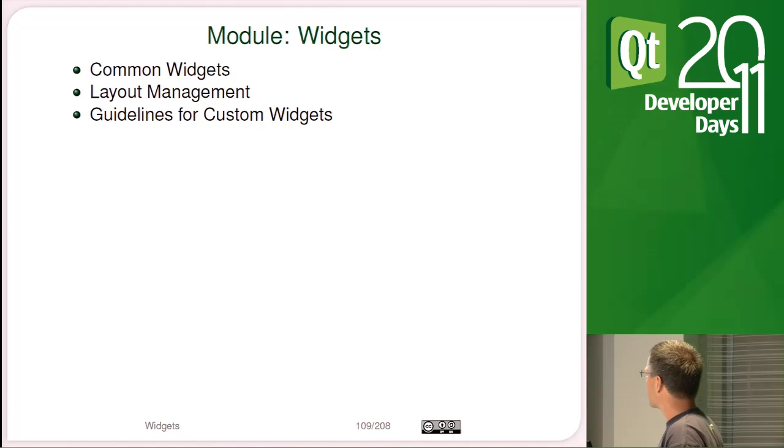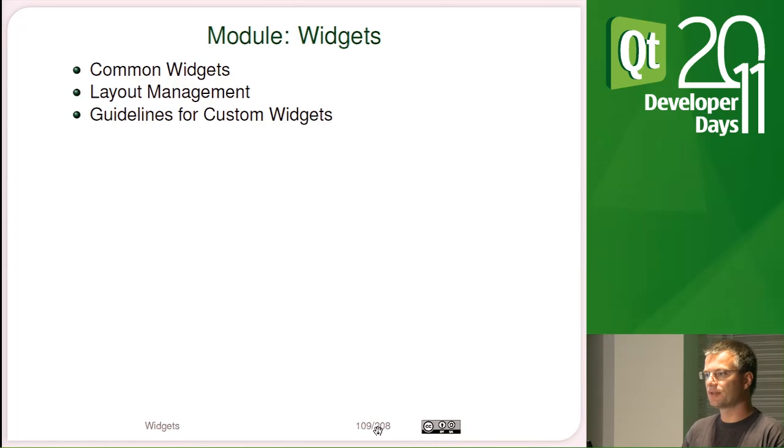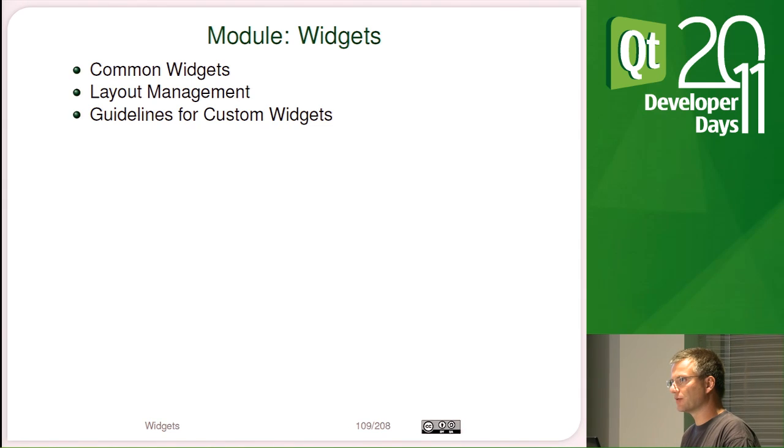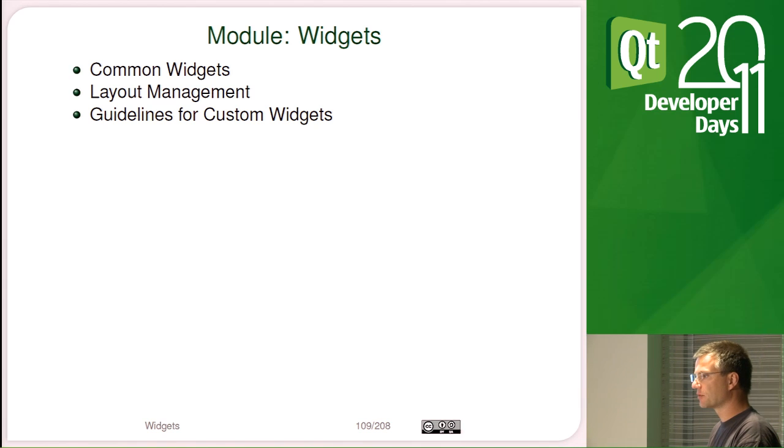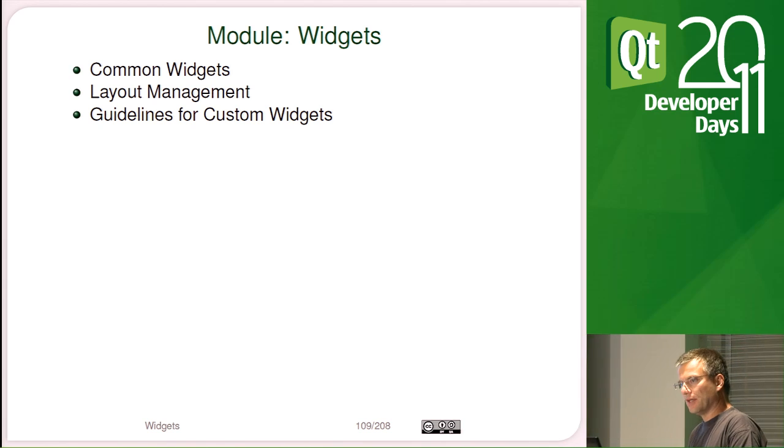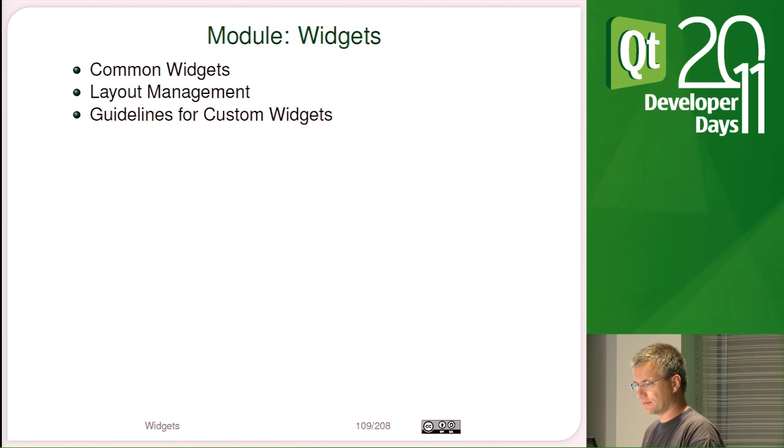So when we talk about widgets, first of all, we can use some common widgets which are already within Qt. So we don't want to reinvent the wheel. We will use what we can get from Qt. Then again, we have to talk about layout management and some guidelines for our custom widgets.